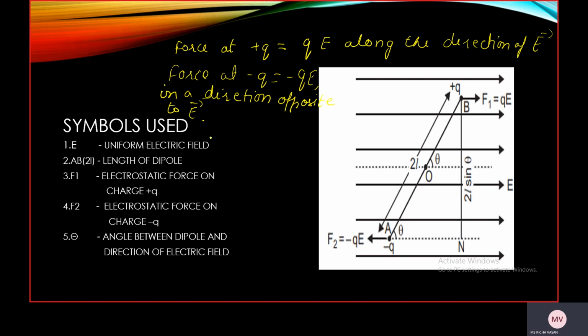Now we want to find out the expression, and we know that torque is denoted by this sign which is called tau. So tau is equal to any of the forces which are acting into the perpendicular distance.